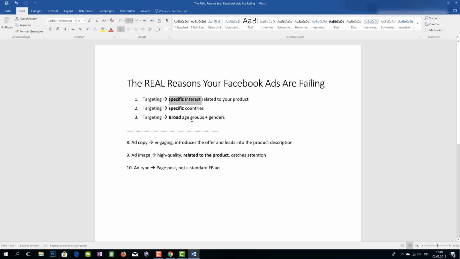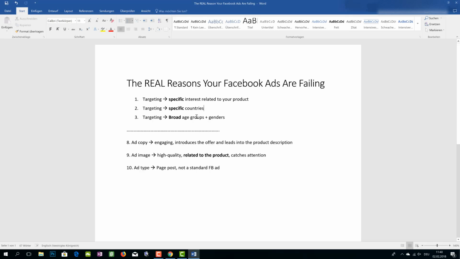You want to be as specific as you can be in your interest targeting while still getting a large enough group, generally 100,000 to maybe 500,000 people. Next thing is you want to target specific countries.